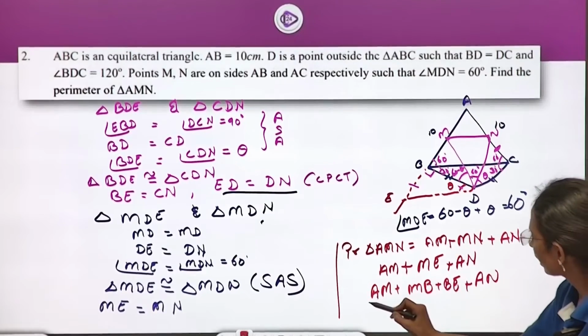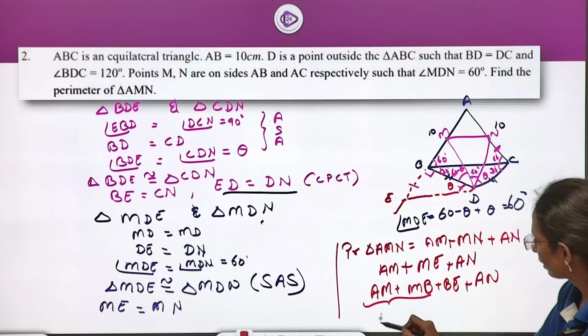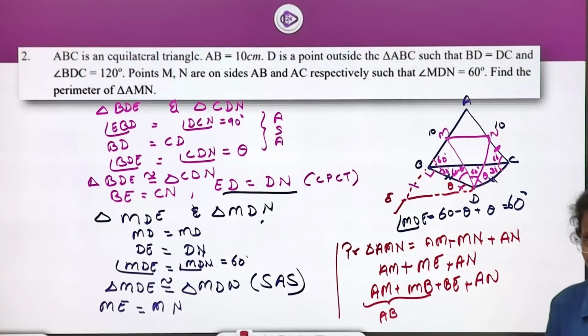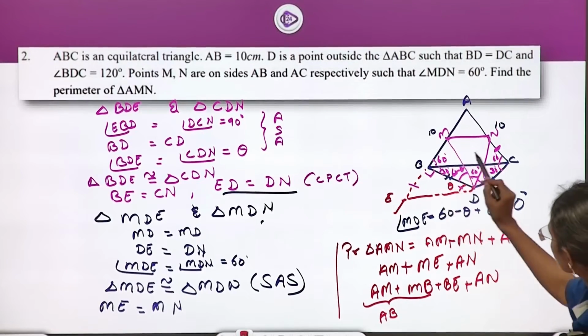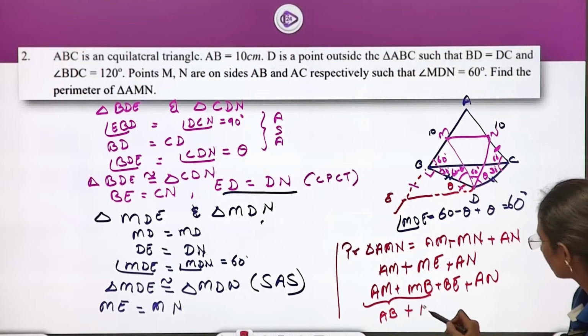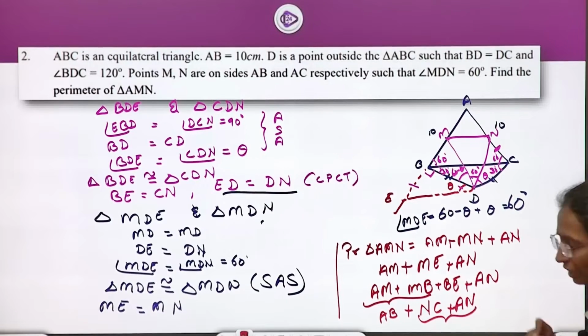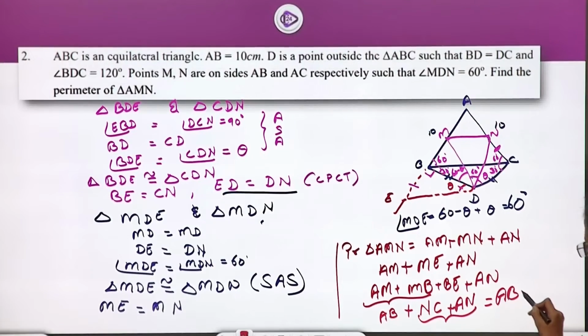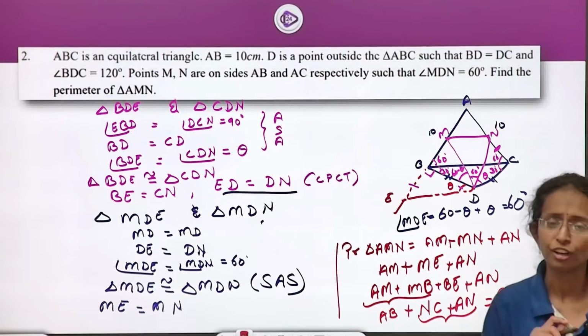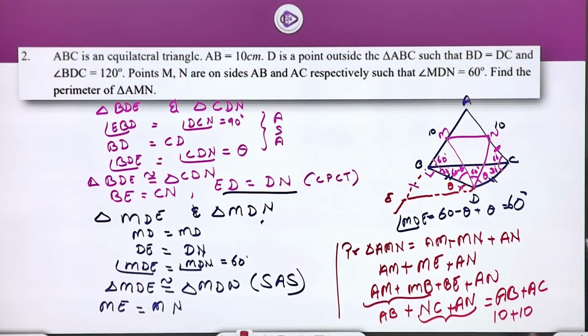Now AM plus MB is combining and giving me the side of equilateral triangle AB. Now BE is equal to NC, so I replace BE with NC, and AN. When we combine this NC and AN, this is again giving me the side of equilateral triangle AC. So this is coming to be AB plus AC, that is 10 plus 10, because the side length of the equilateral triangle is 10. So the perimeter of triangle AMN is 20.